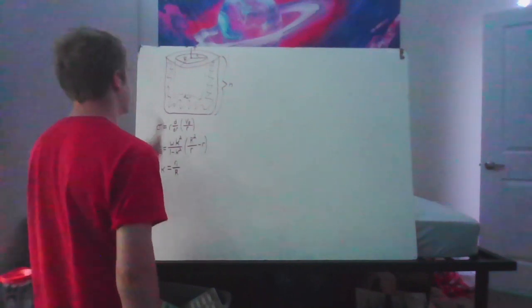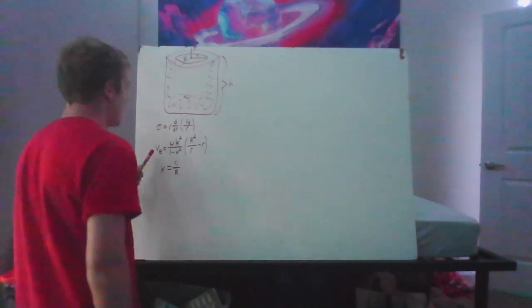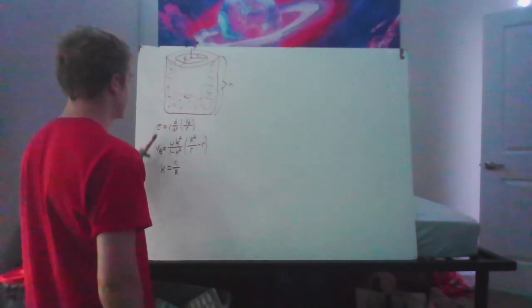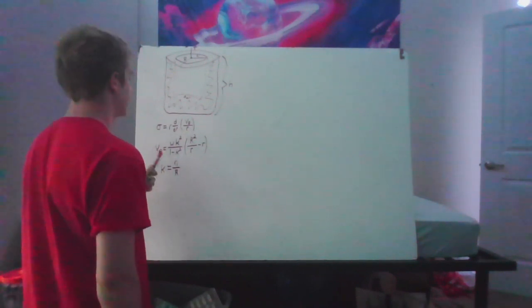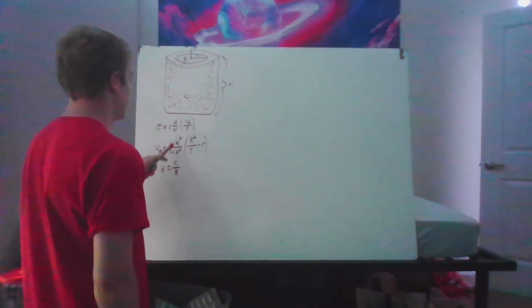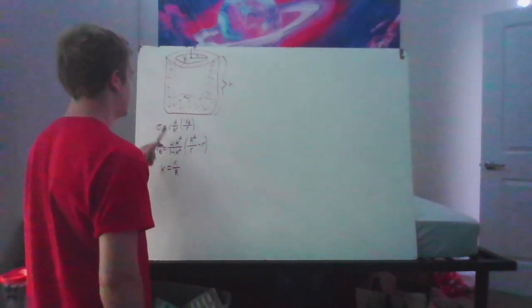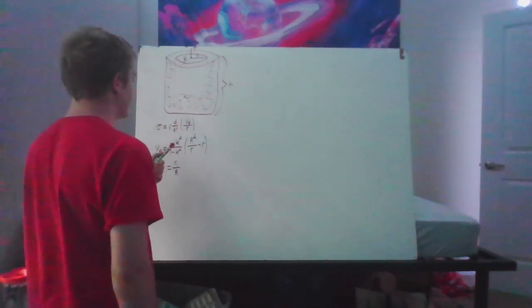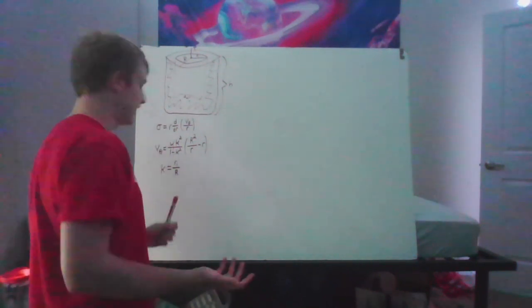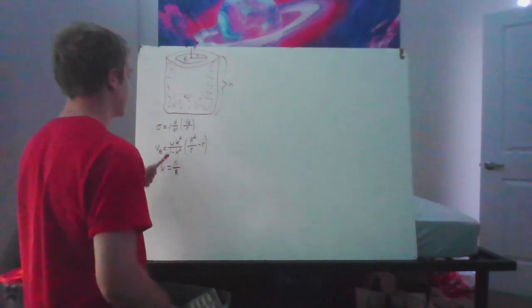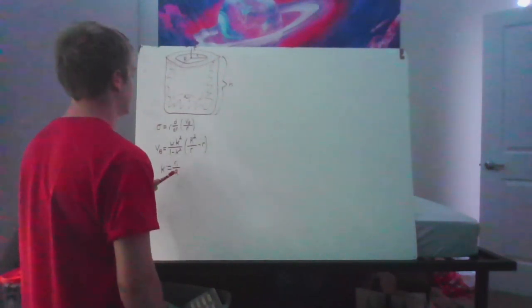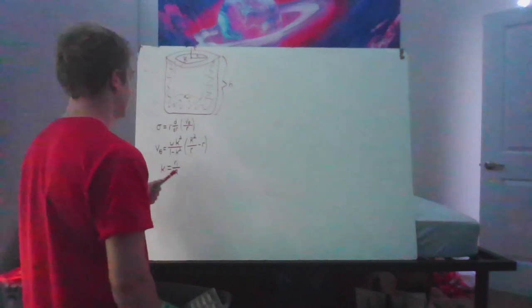And then our velocity profile here is going to be equal to the angular velocity times k squared, where k here is just some constant ratio of our inner radius to our outer radius.